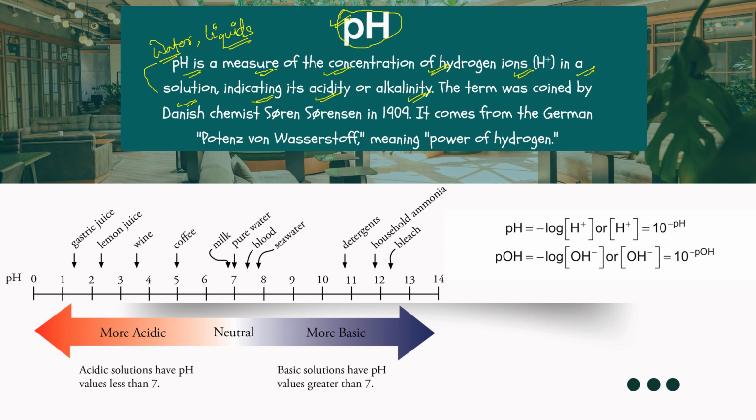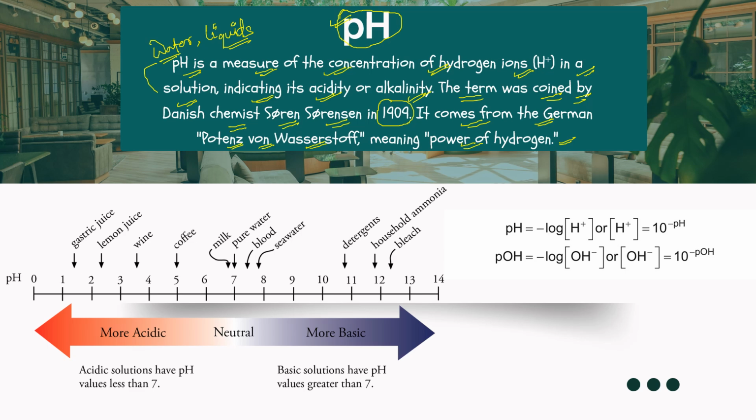Okay, so the term was coined by a Danish chemist, Sorensen, in 1909. It comes from the German phrase Potenz von Wasserstoff, meaning power of hydrogen. This is the phrase that says it is the power of hydrogen that is regarded as pH.